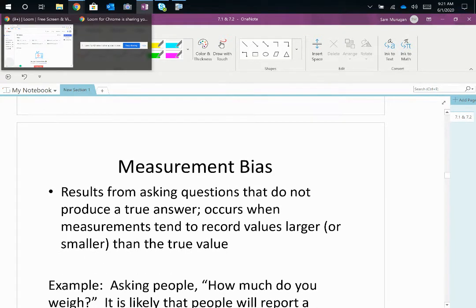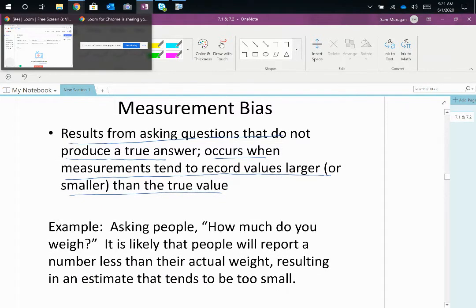Measurement bias results from asking questions that do not produce a true answer. It occurs when the measurements tend to record values larger or smaller than the true value. For example, asking people, how much do you weigh, it is likely that people will report a number less than their actual weight, resulting in an estimate that tends to be too small, because they're not asking a question that would generate a true answer.